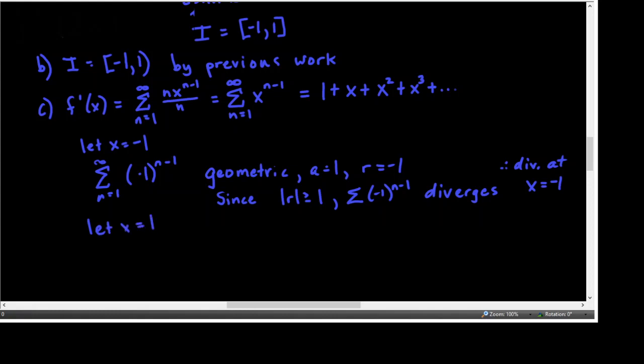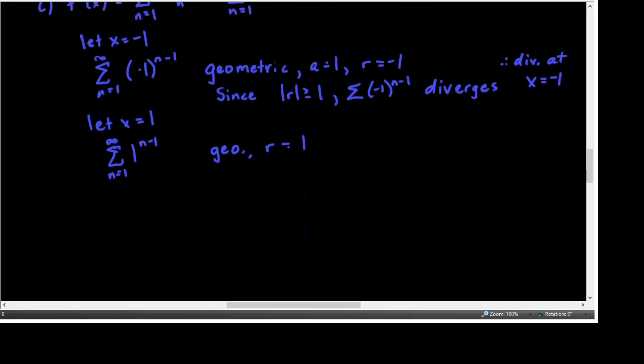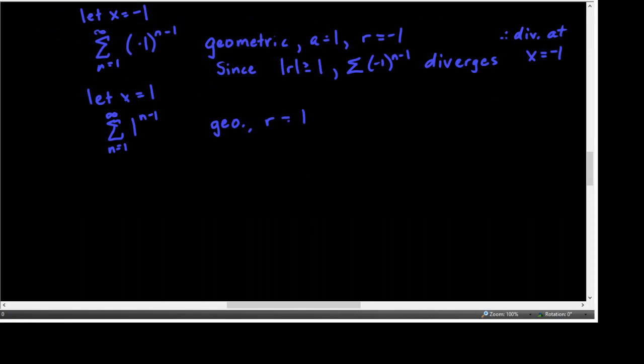We let x equal 1. That becomes the series of 1 to the n minus 1. Again, we can think of that as a geometric series where r is +1. I didn't really need the a because I wasn't going to find the sum of the series, but I just thought I'd show you what became of that, how it was actually geometric.